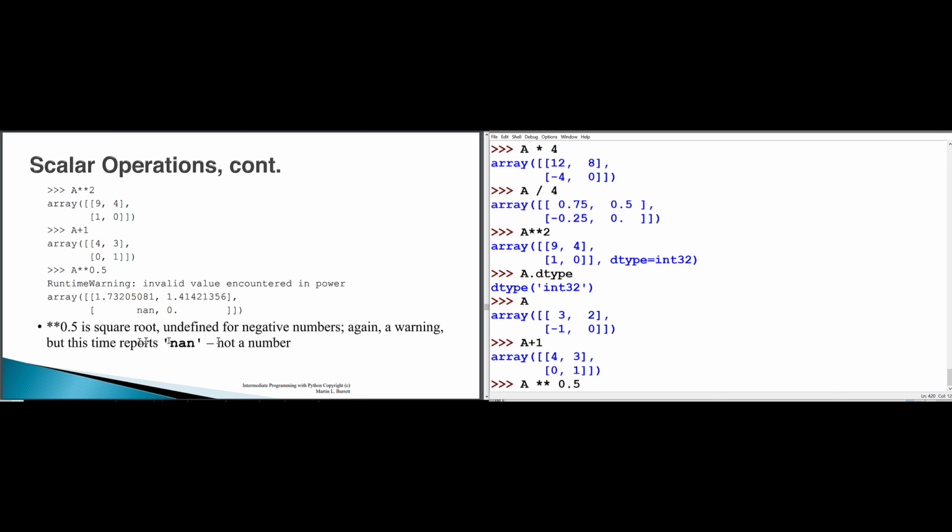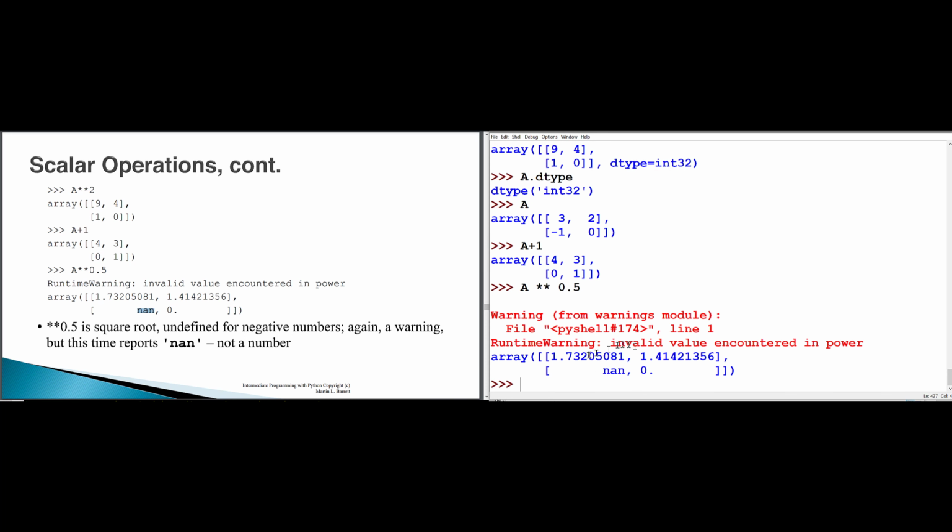So what it does is tell me, well, sorry, no, that's not a number. I get invalid value encountered in power, and nan stands for not a number. So again, it's not throwing an exception, it's not dying, but it's giving me a result that I better be careful about trying to use.